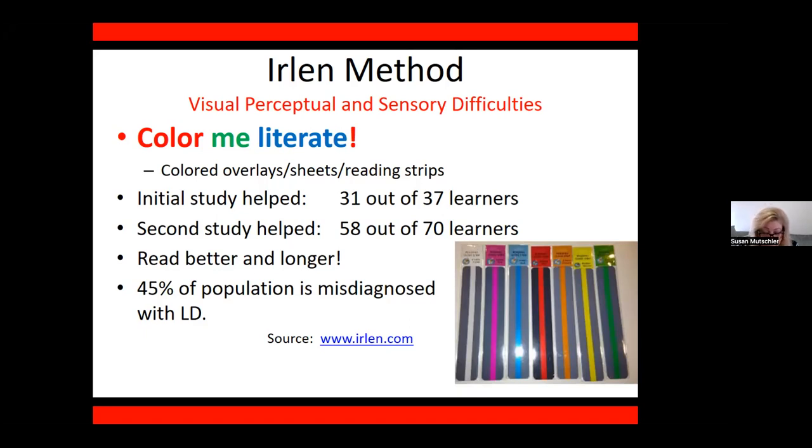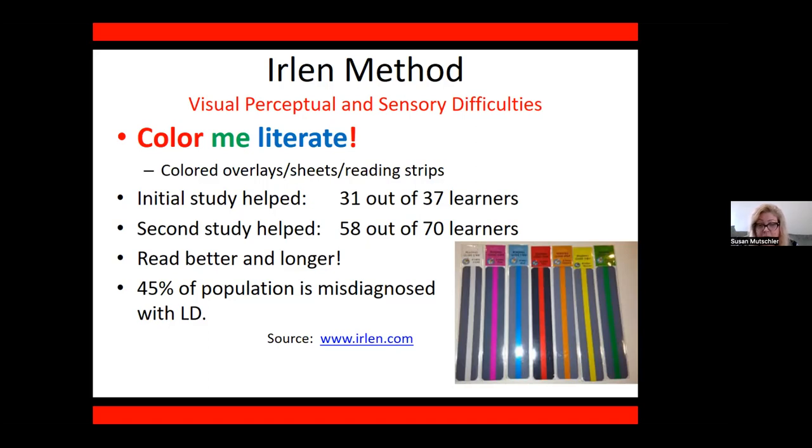What I can tell you about this Erlen screening process is that the assessment takes about an hour, and the participant's eyes get so tired because you're looking at a whole bunch of little X's and really tiny text.